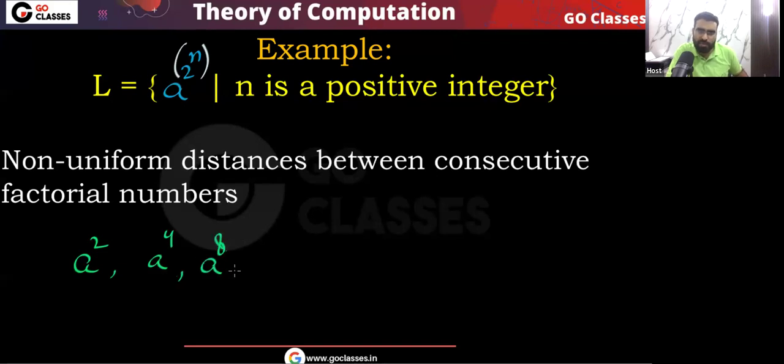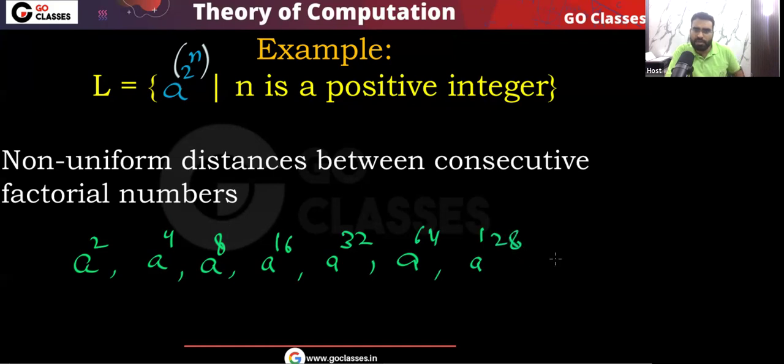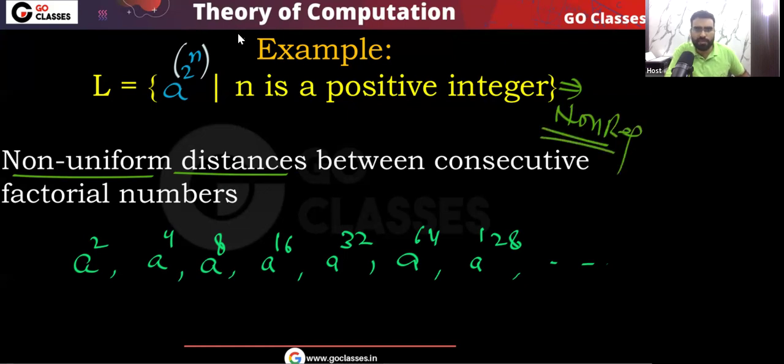If n equals 3, a power 8, then a power 16, a power 32, a power 64, a power 128. So here also you can easily see there is non-uniform distance between consecutive elements. So this language is also non-regular. Is this clear? I hope you understood.